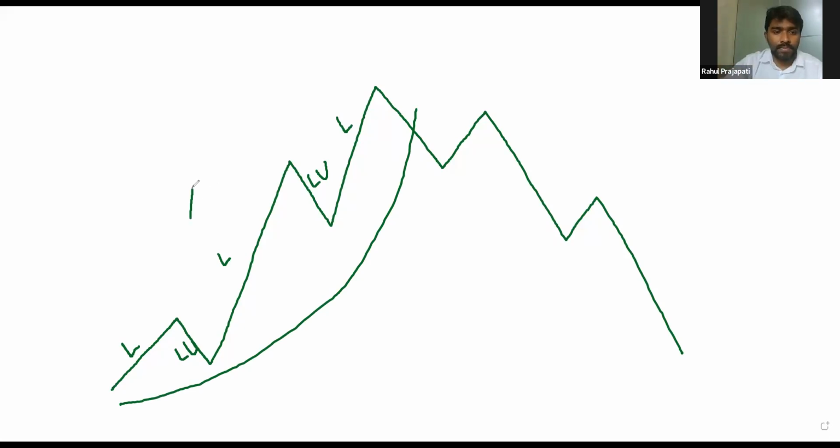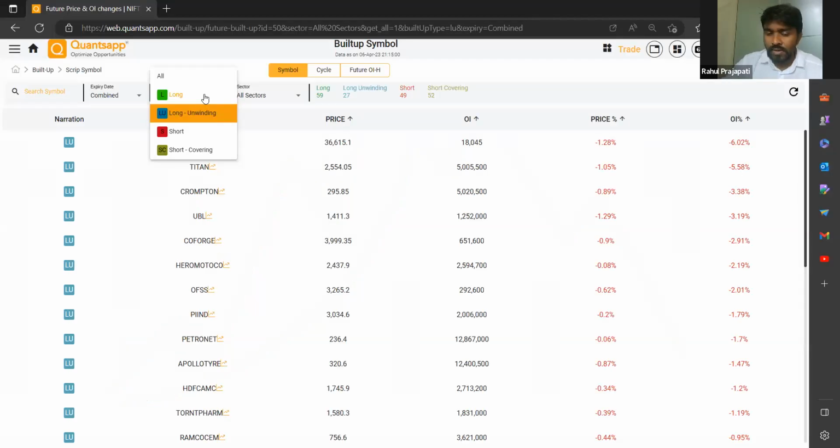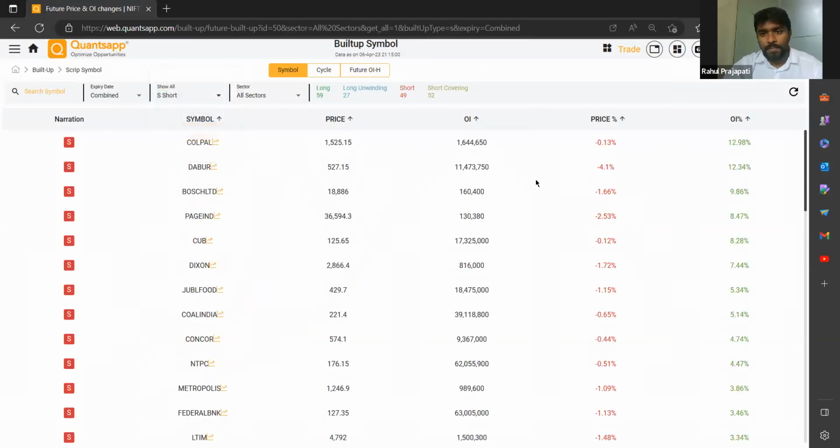It's an uptrend. And there are two more relationships, let me come back to that and explain it again. The two more relationships are short and short covering. You can see here what is happening: Dabur is going down by 4%, and open interest is up more than 10% in a single day.